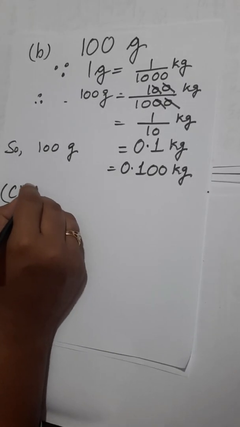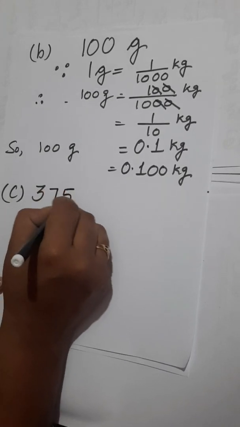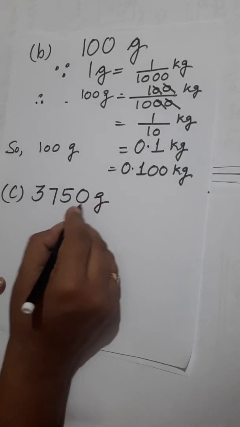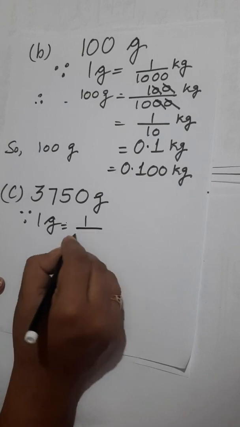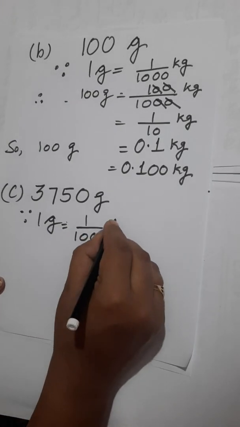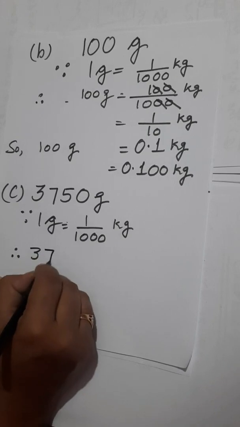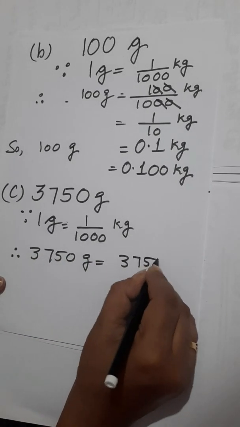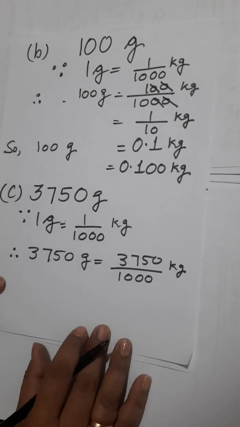Next we have C part. C part is 3750 gram. So here again I will write, since 1 gram is equal to 1 upon 1000 kilogram, therefore 3750 gram is equal to 3750 upon 1000 kilogram.